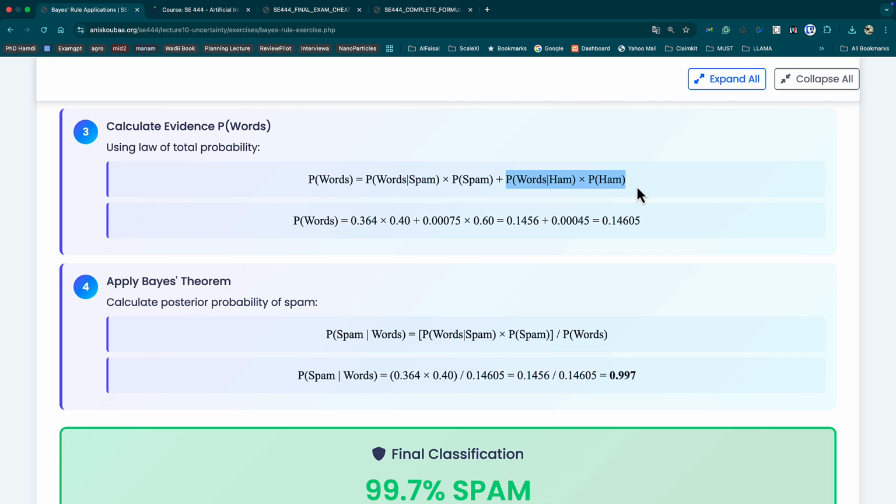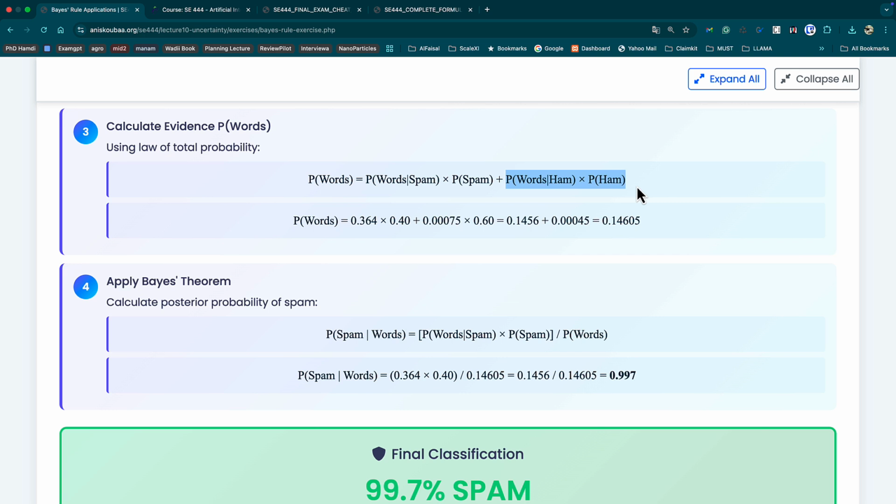So we're going to sum over all the different hypotheses, whether it is spam or not spam. The word can come in spam or not spam. So we're going to calculate all probabilities, the sum of all probabilities, like we did in the MDP, Markov Decision Process. You saw that this is part of MDP by the way, but it is originally based on the law of total probability.